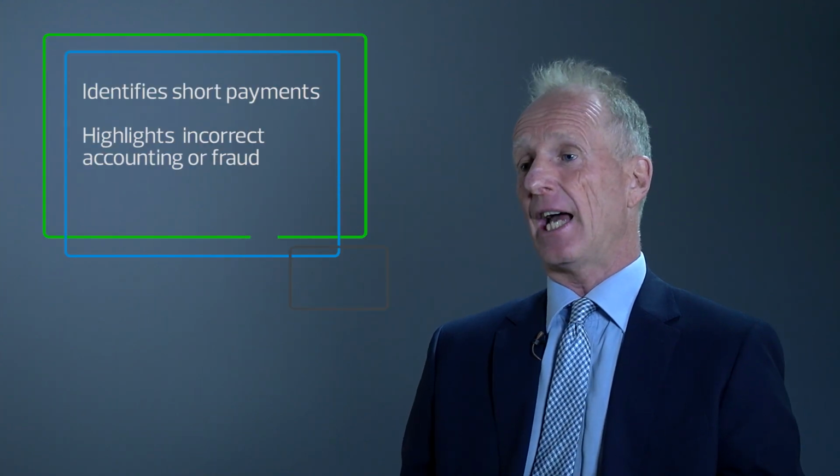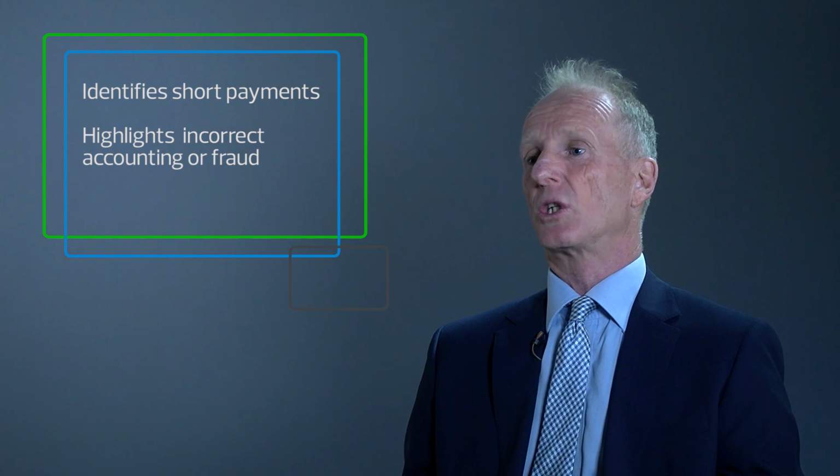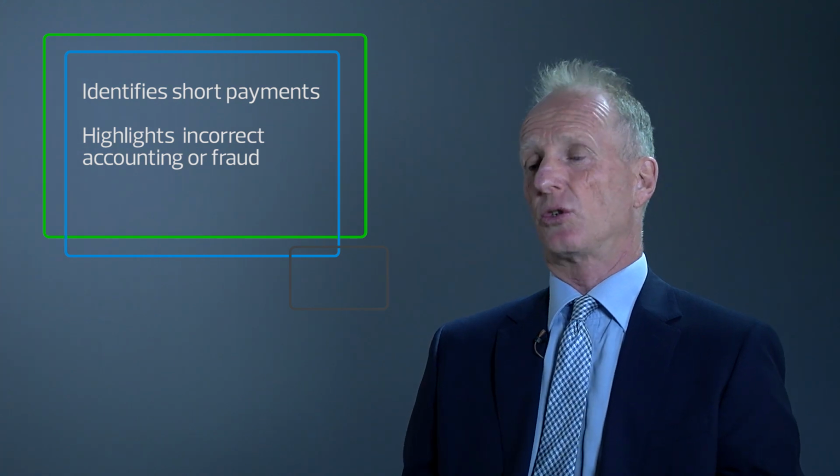A reconciliation of, for example, accounts receivable or debtors could identify situations where specific debtors accounts are reducing when in fact cash or payments have not been received from the debtor. This would highlight either incorrect accounting or possibly fraudulent transactions, both of which could result in a financial loss to the company.